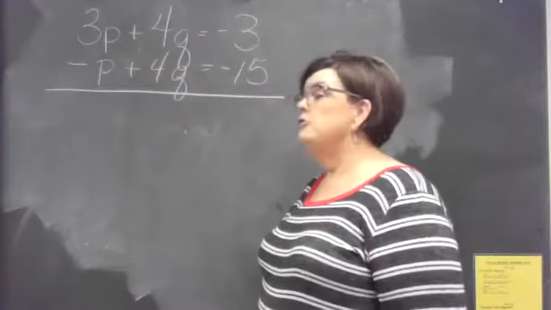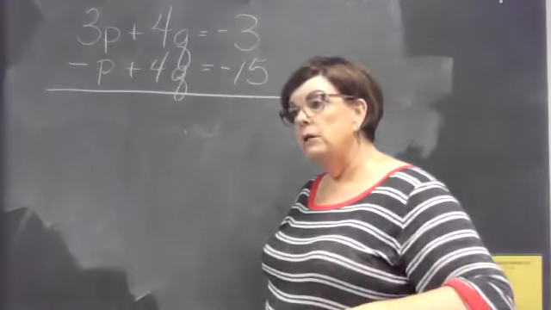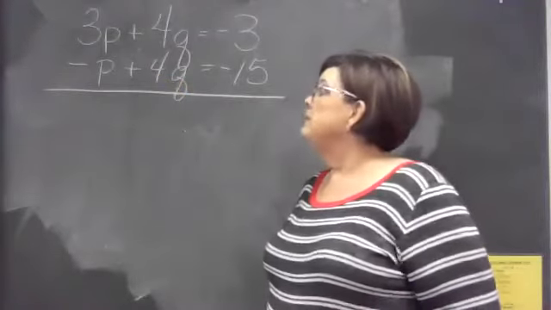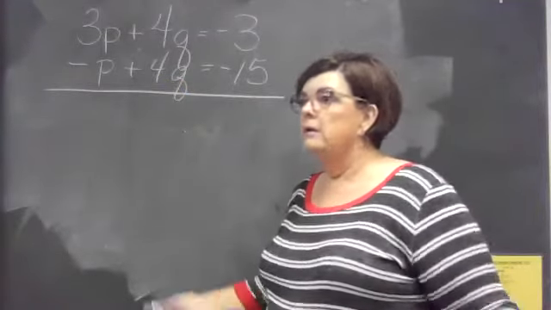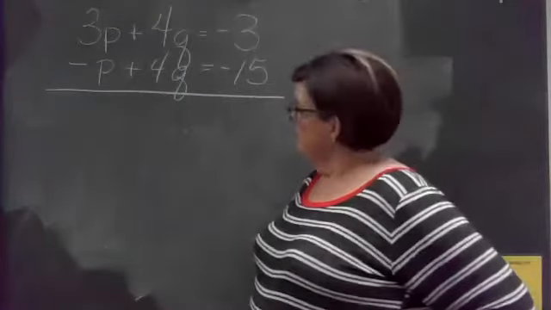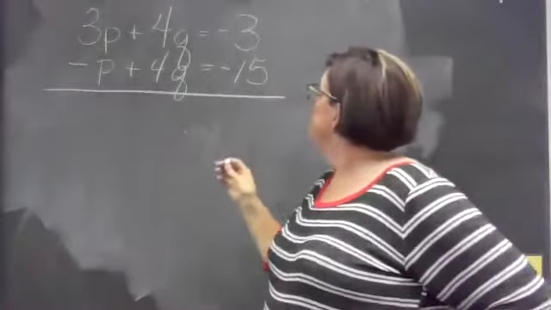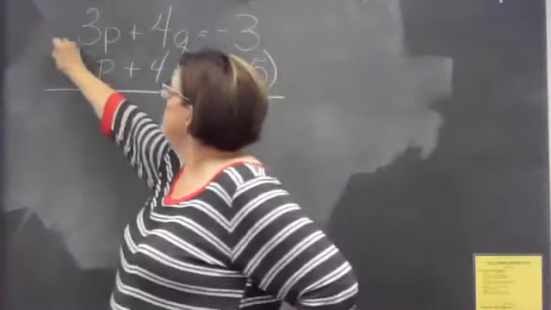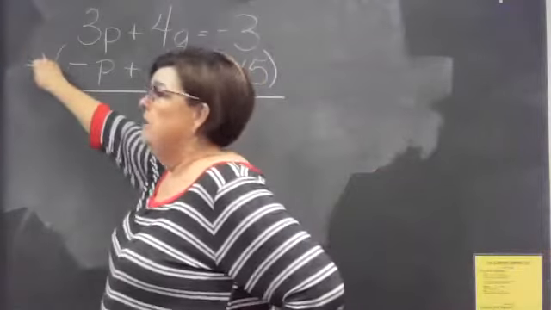All I have to do is take this into my own hands now, and I'm going to make this be a negative. Now, I can't just write a negative. Maybe, but let's do this. Let's multiply the bottom one times negative.